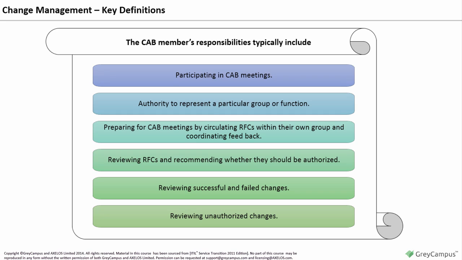If there is a single CAB, then the CAB chair will almost always be the change manager. If there are multiple CABs, then there may be multiple change managers, each chairing a different CAB.